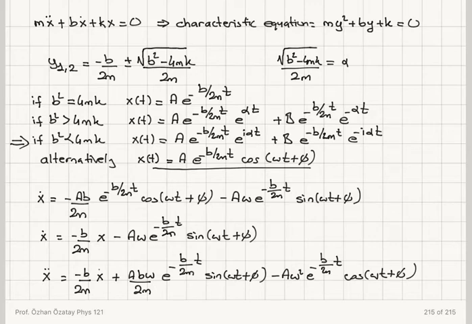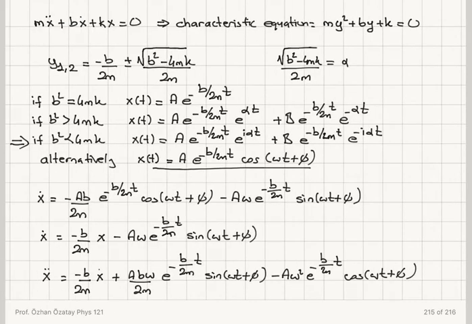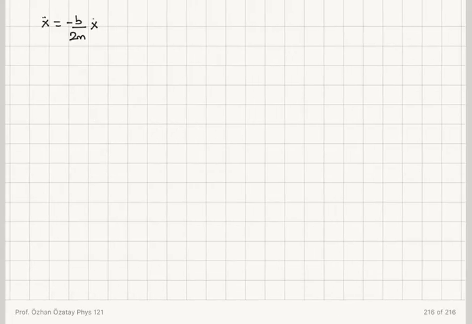Okay, so here I have encountered x again. So let's continue. x double dot is equal to minus b over 2m x dot. Then basically this is minus omega squared times x.